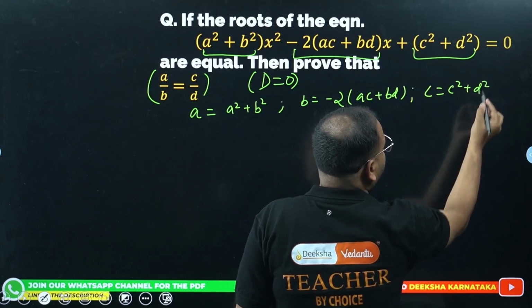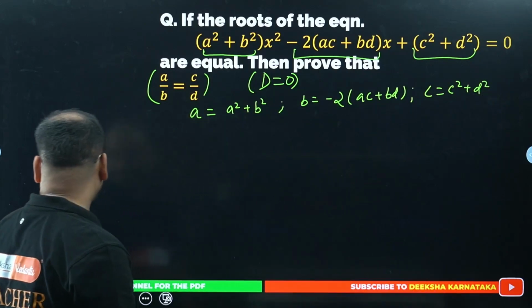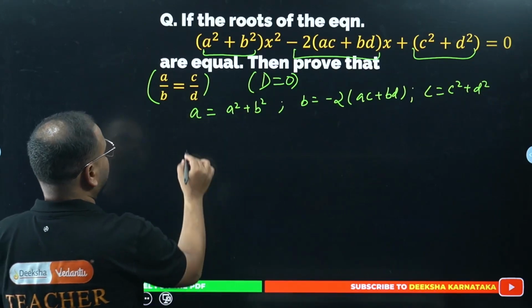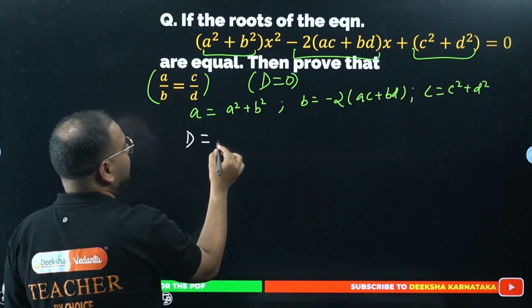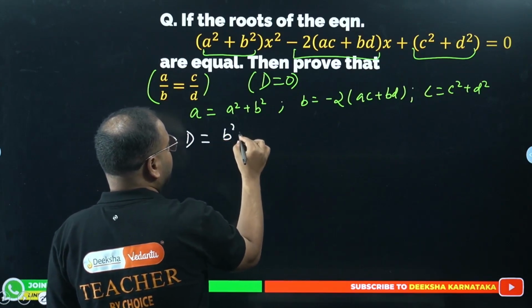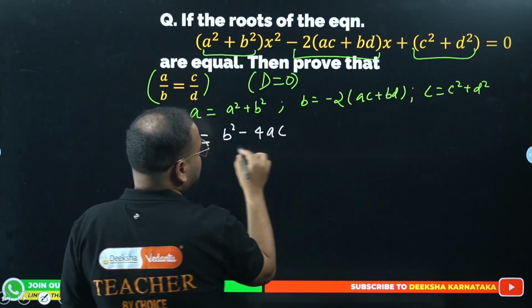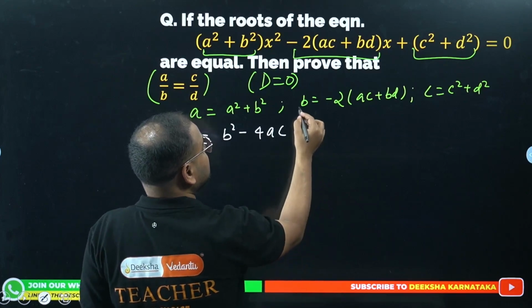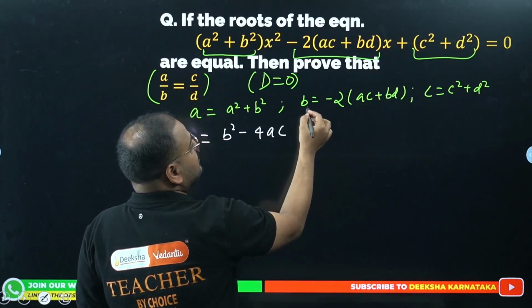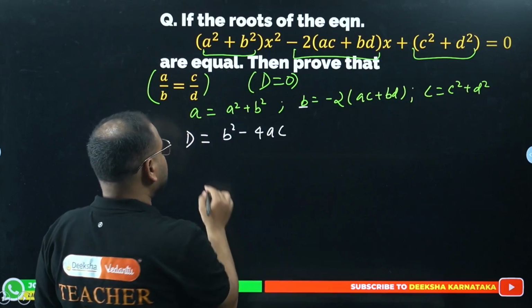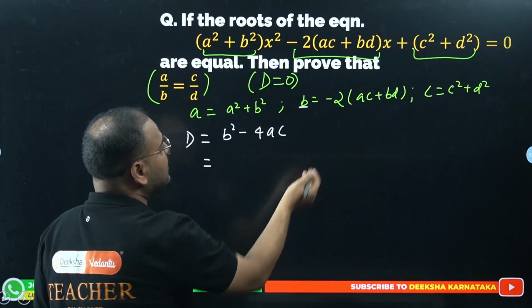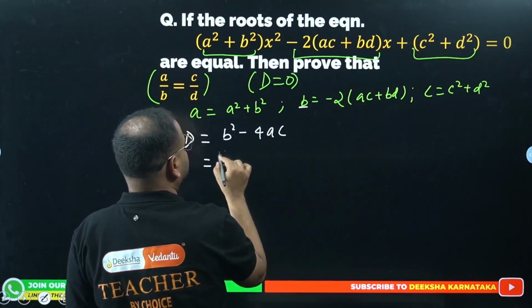Okay. Now we'll use the formula of discriminant. So D will be given by what? B square minus 4AC. Which B square is this? This coefficient B square, not this b. So let's carry on. What is B square going to be? Square of this whole thing.